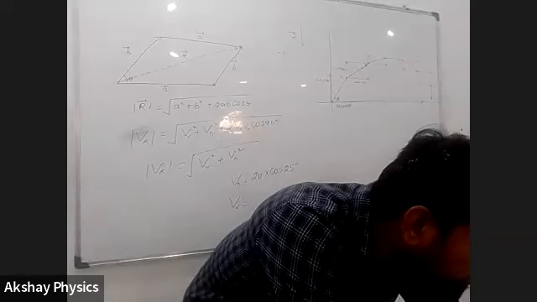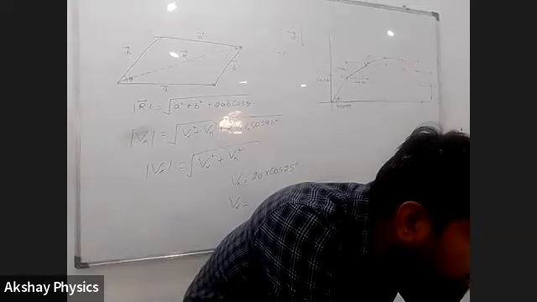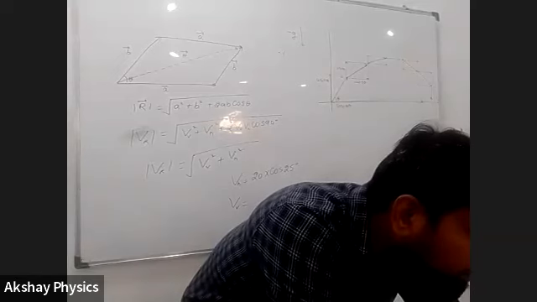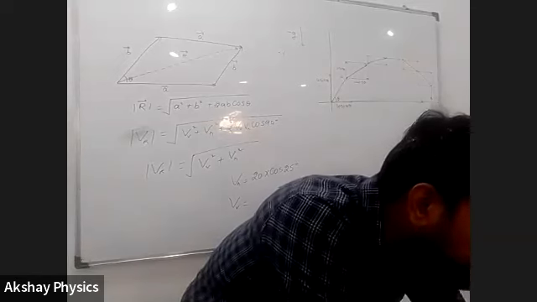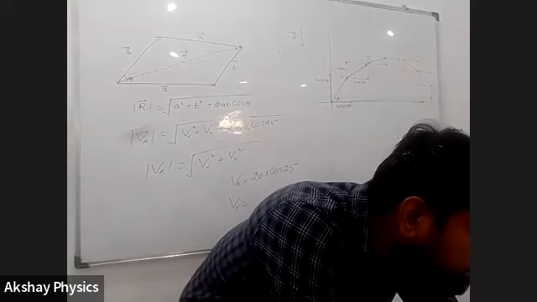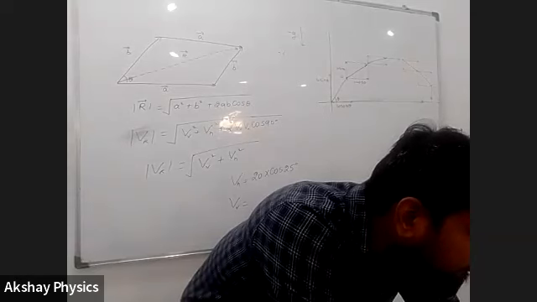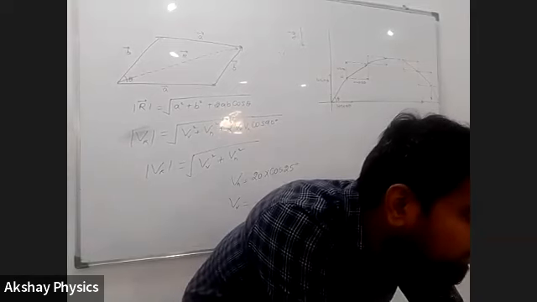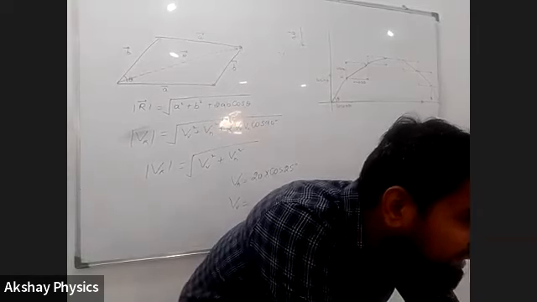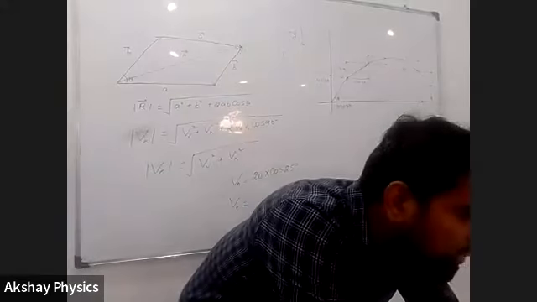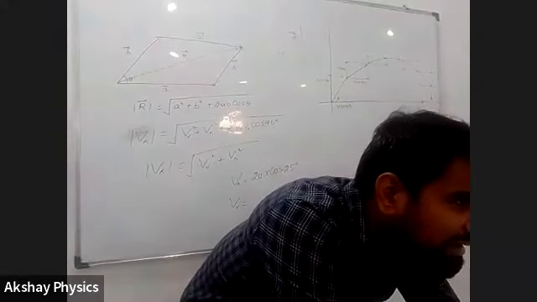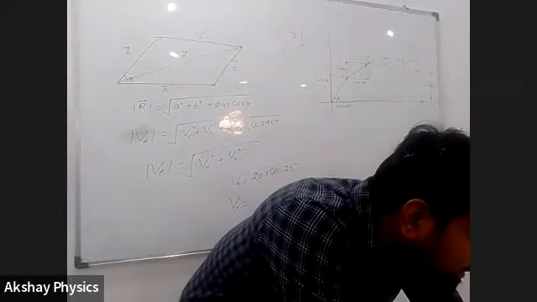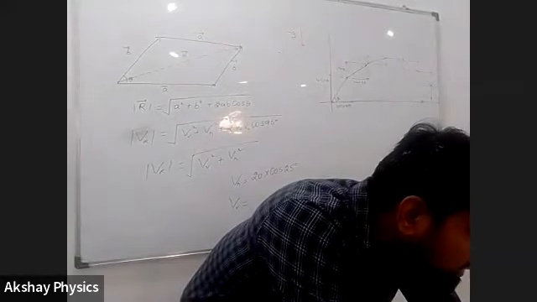V is equal to u plus at. What u did you take? 0. And what is t? 0.86. Why did you use 0.86? Are you sure? It is still not on the bottom, just before it. So what time should we take? Any guess? Zohaib, are you sure? Two components of the velocity.